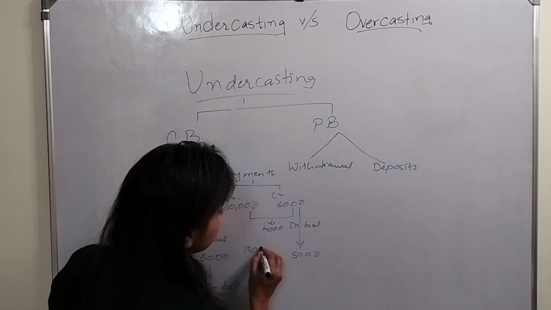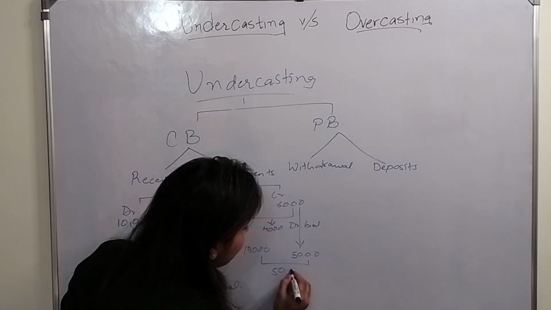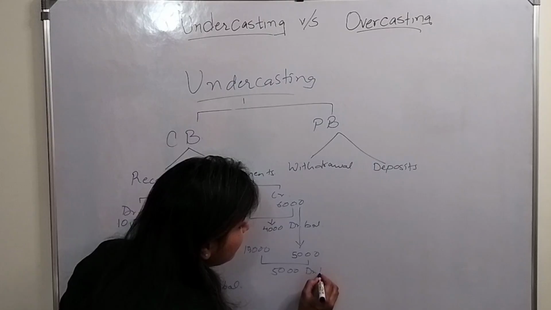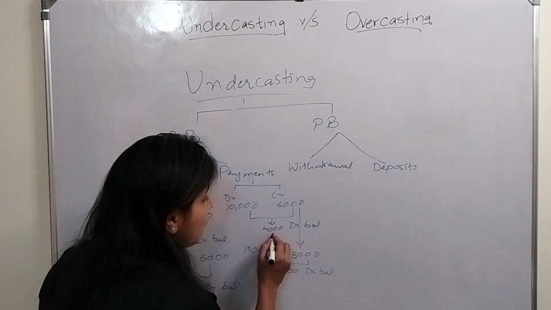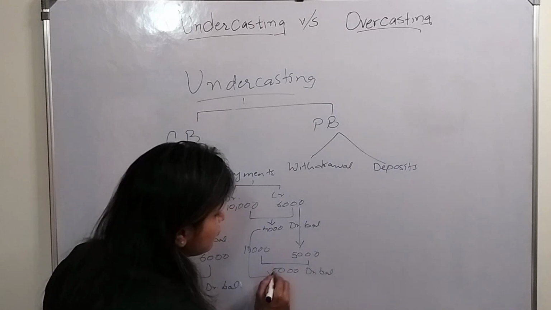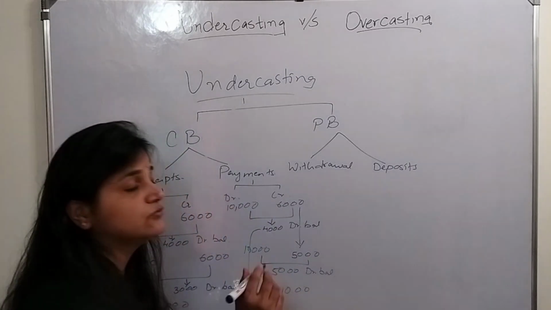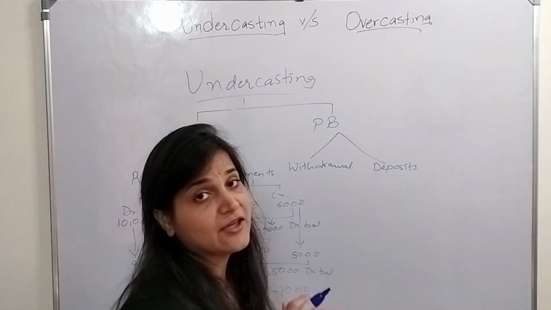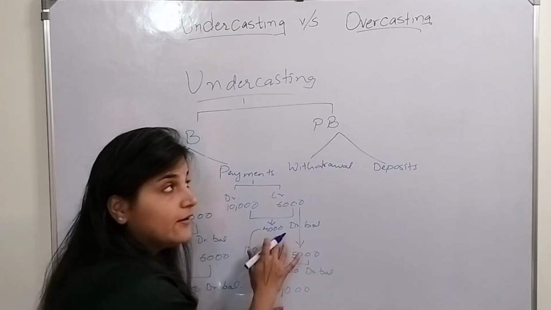Debit side is same, 10,000. Right now my debit balance is showing 5,000. What it should actually be is 4,000, but it is showing 5,000. That means I have to reduce this 1,000 from my cash book balance to get the actual amount.